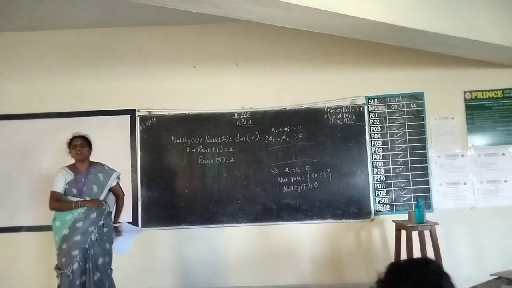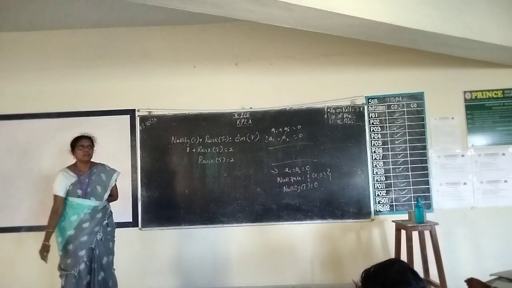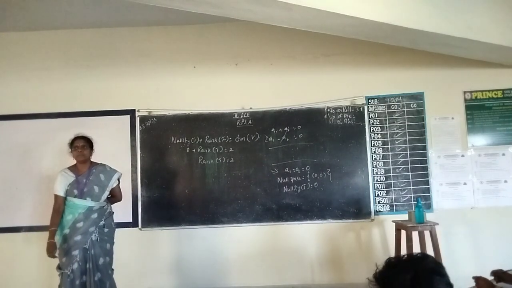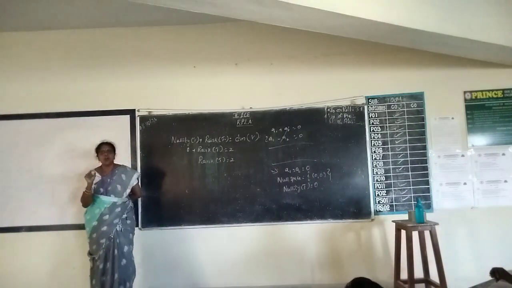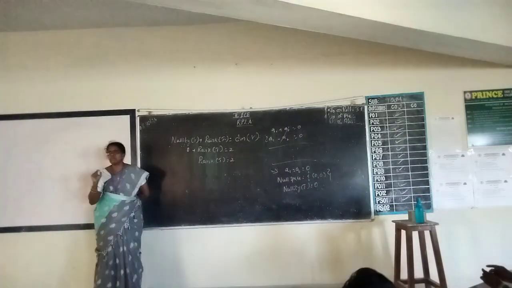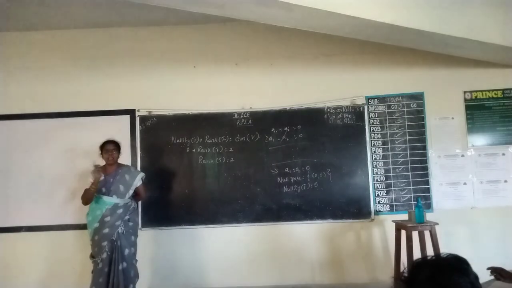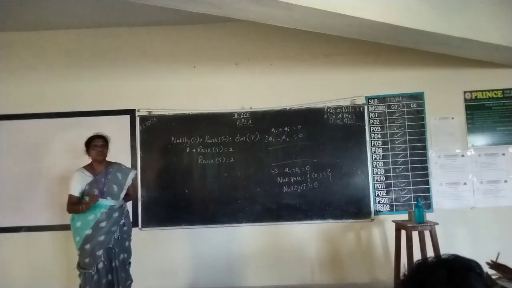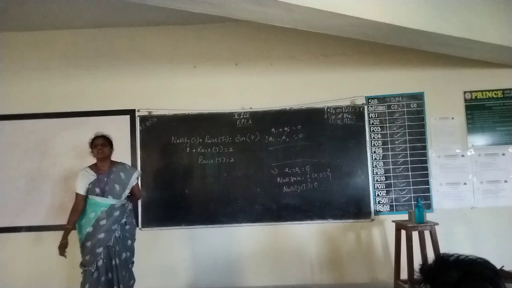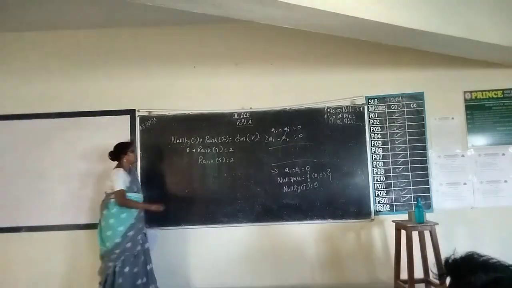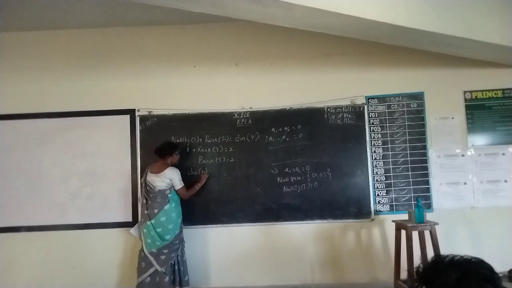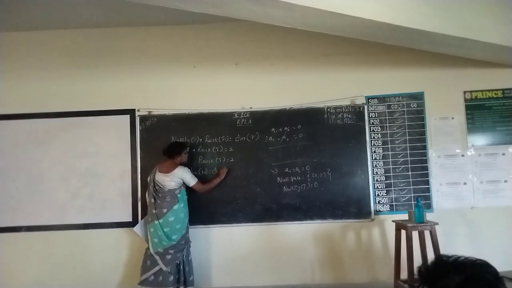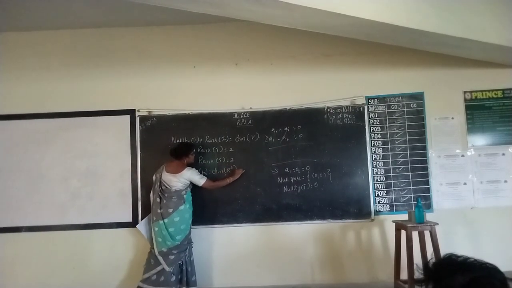What is the condition for onto? Rank of T should be equal to dimension of W. What is our W here? R cube. Okay, what is dimension of R cube? 3. Whether rank and this one are equal? So T is onto or not? Not. So right? Dimension of W is equal to dimension of R cube, which is equal to 3.